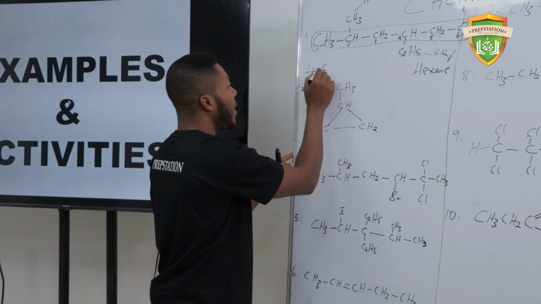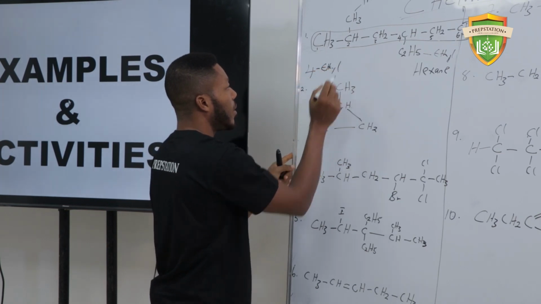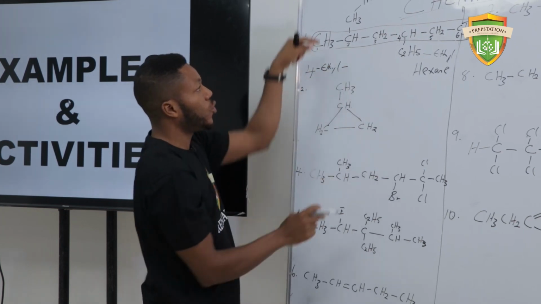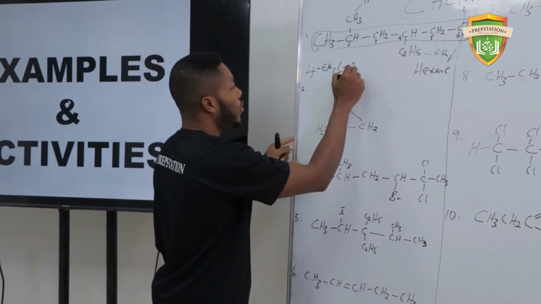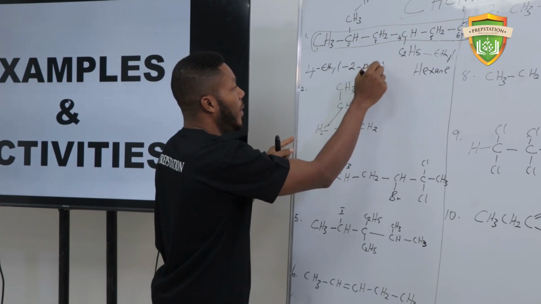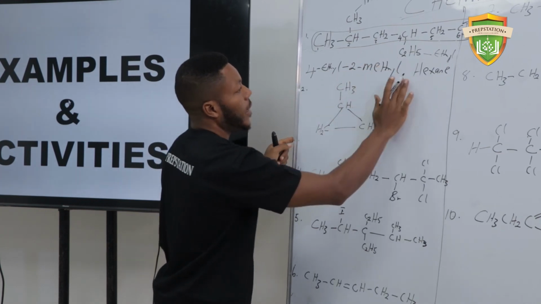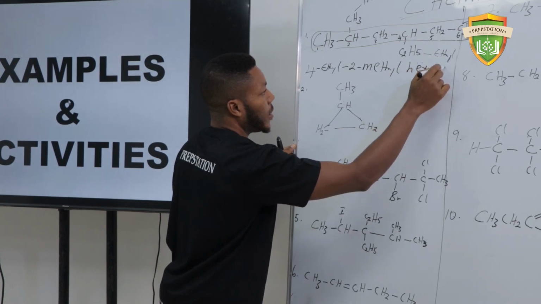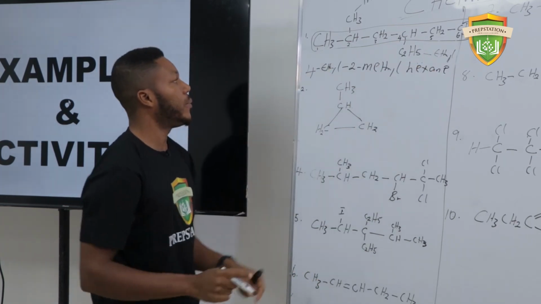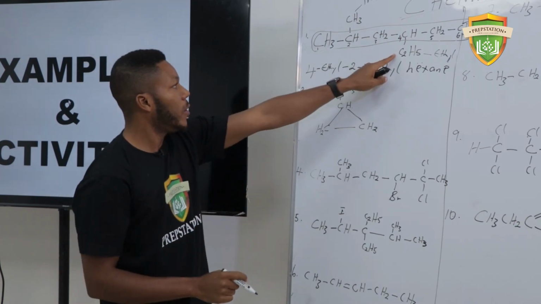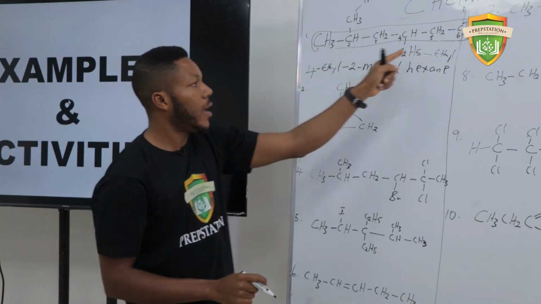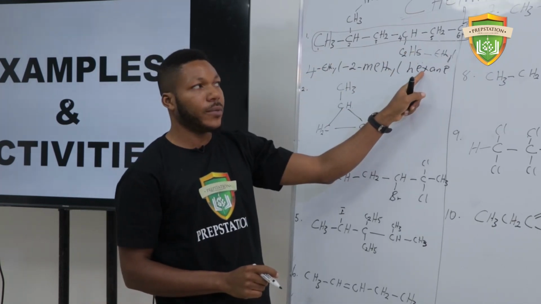We have 4-ethyl, followed by 2, because methyl is attached to carbon 2. 2-methyl. Then your parent hydrocarbon, which is hexane. So that is the name for this compound: 4-ethyl-2-methylhexane, which is your parent hydrocarbon.